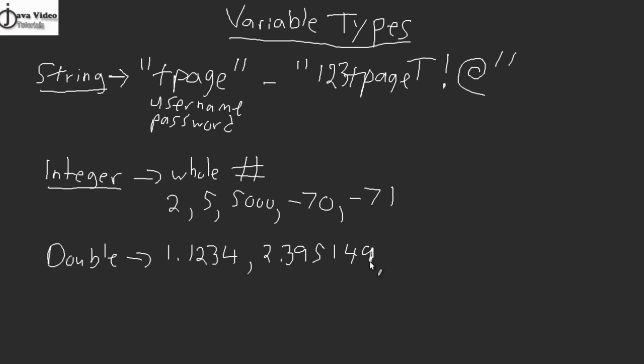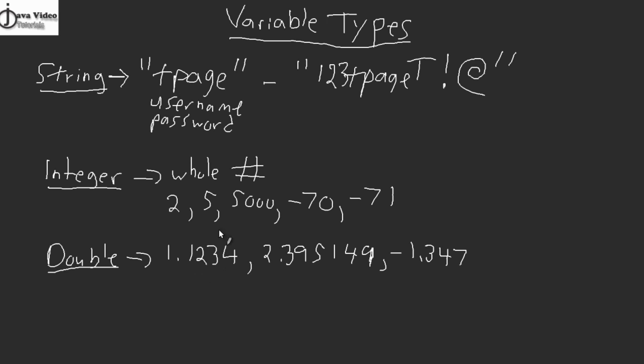You could easily look it up in a Google search. I don't know if it's like 16 decimal places or 8 decimal places of accuracy, but it's somewhere in that range. You can also store negative numbers inside of a double.